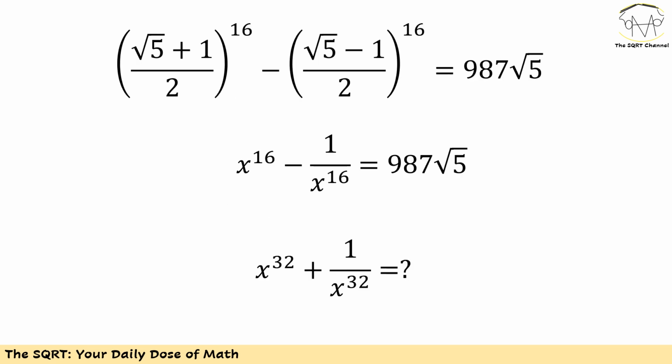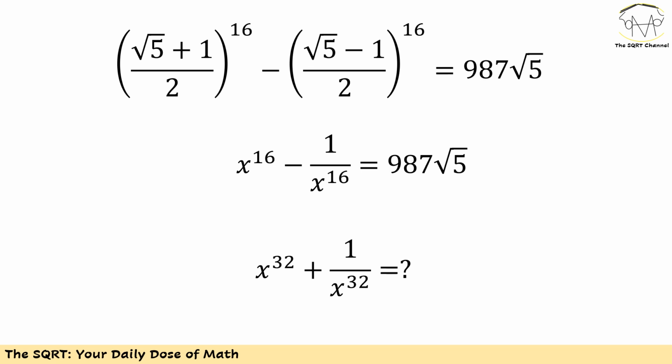Now let's focus on what we wanted to evaluate. First of all, we had this 1 plus radical 5 over 2 and then radical 5 minus 1 over 2. We had this power of 16 of these values. So remember, we defined x as radical 5 plus 1 over 2. So I have this x to the power of 16 minus 1 over x to the power of 16 given.